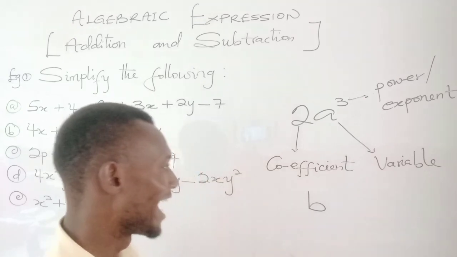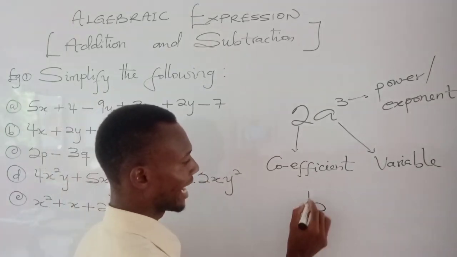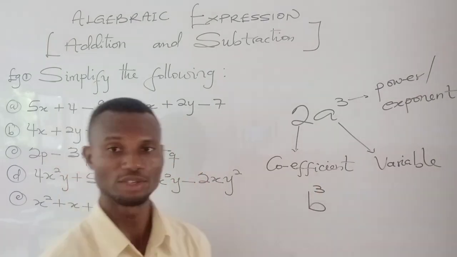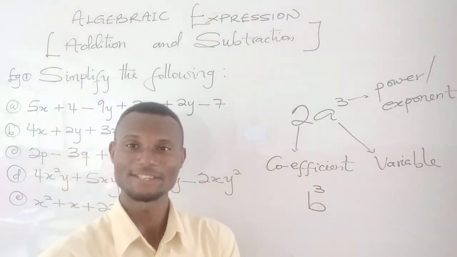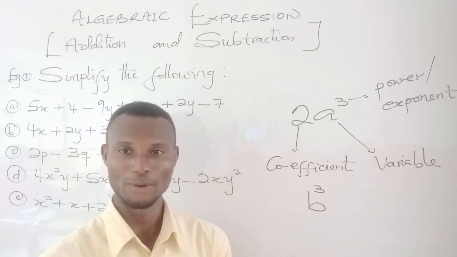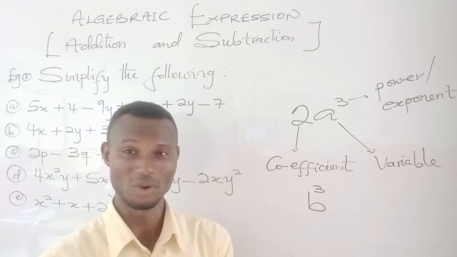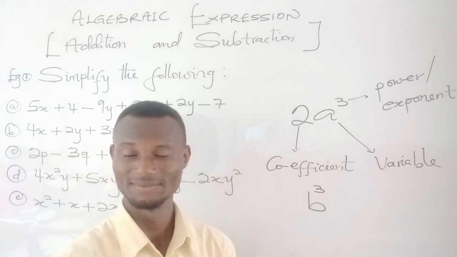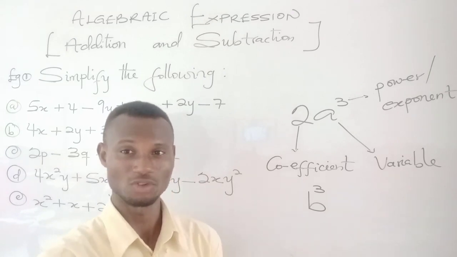Now, what if I have something like this? Let's say I have b to the power 3. If I ask for the coefficient, I hope you'll be able to know what the coefficient is. The coefficient is 1, the number in front of the variable.